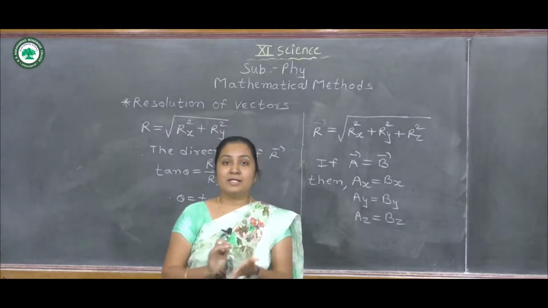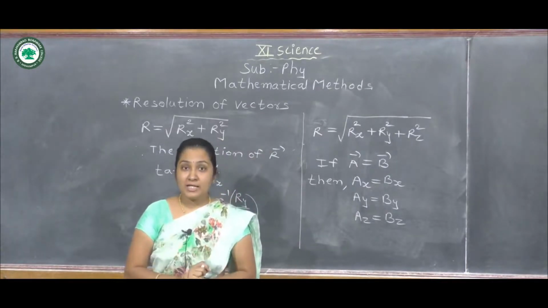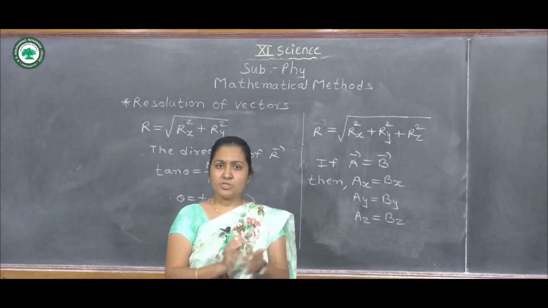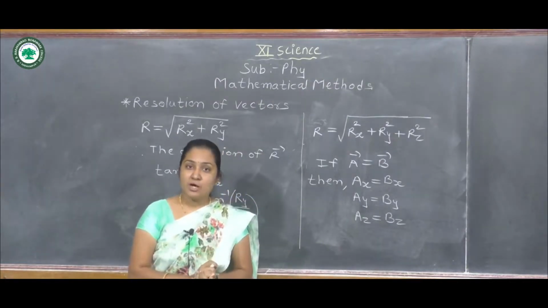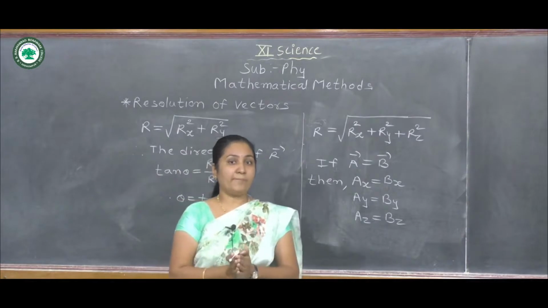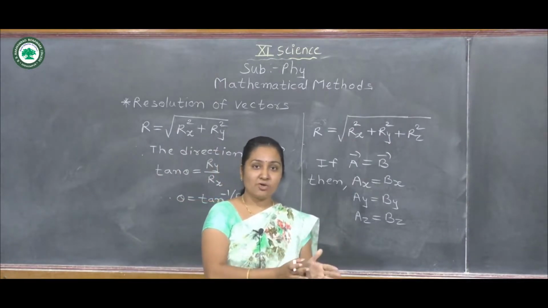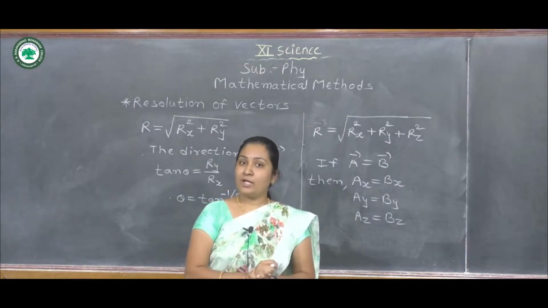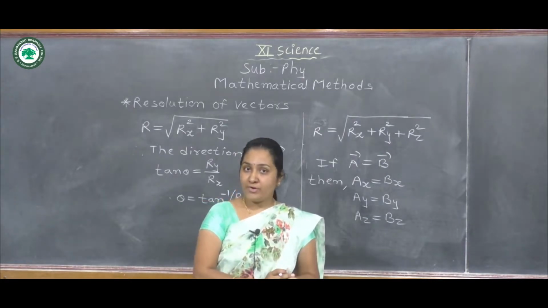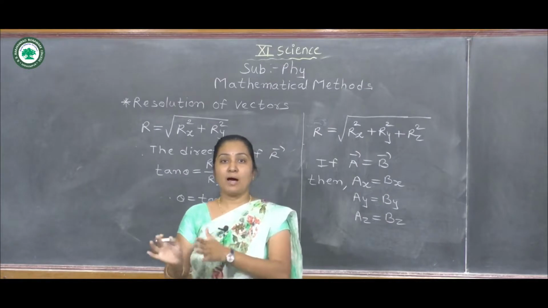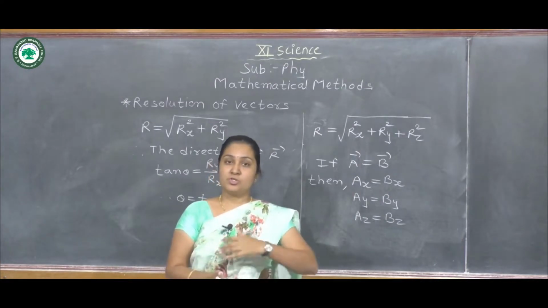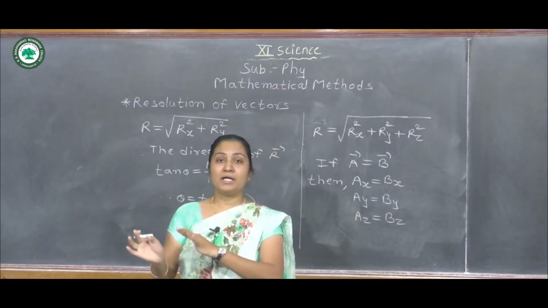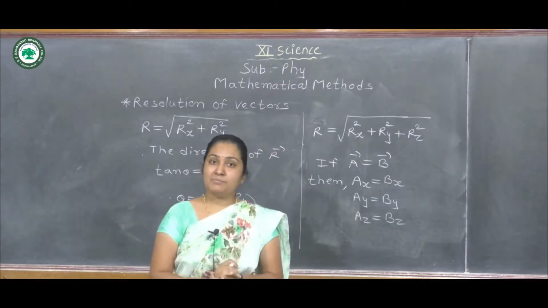Now the next point that we are going to study is multiplication of the vectors. In the last lecture we studied vector operations such as addition and subtraction of vectors, along with the triangle law and parallelogram law of vectors. In the next point we are going to study the multiplication of vectors.